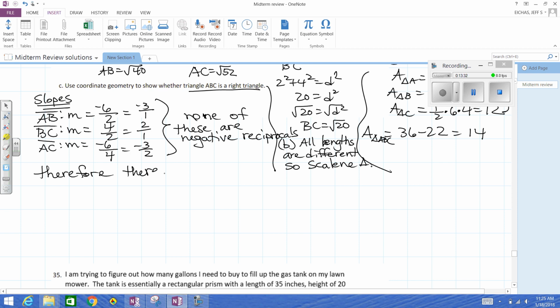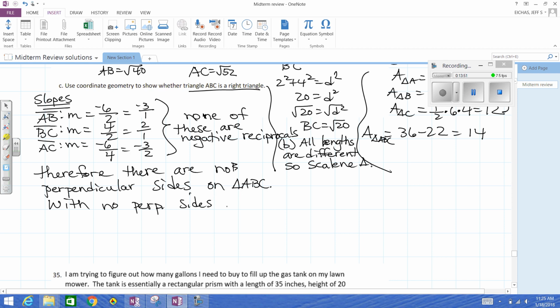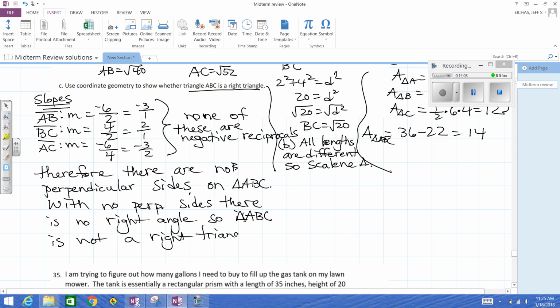Therefore, there are no perpendicular sides on triangle ABC. With no perpendicular sides, there is no right angle. So triangle ABC is not a right triangle. Okay, that's it for this video, and we've got 1 or 2 more left.